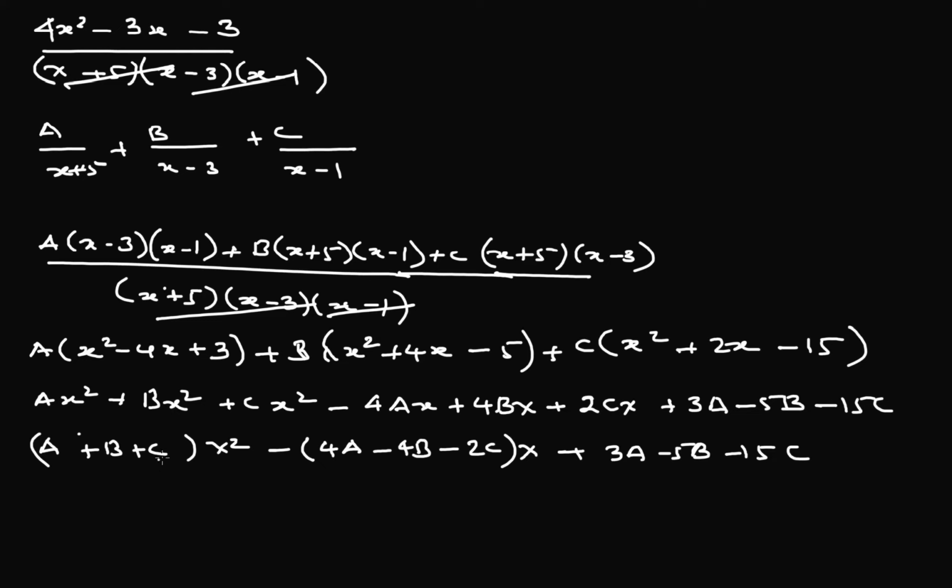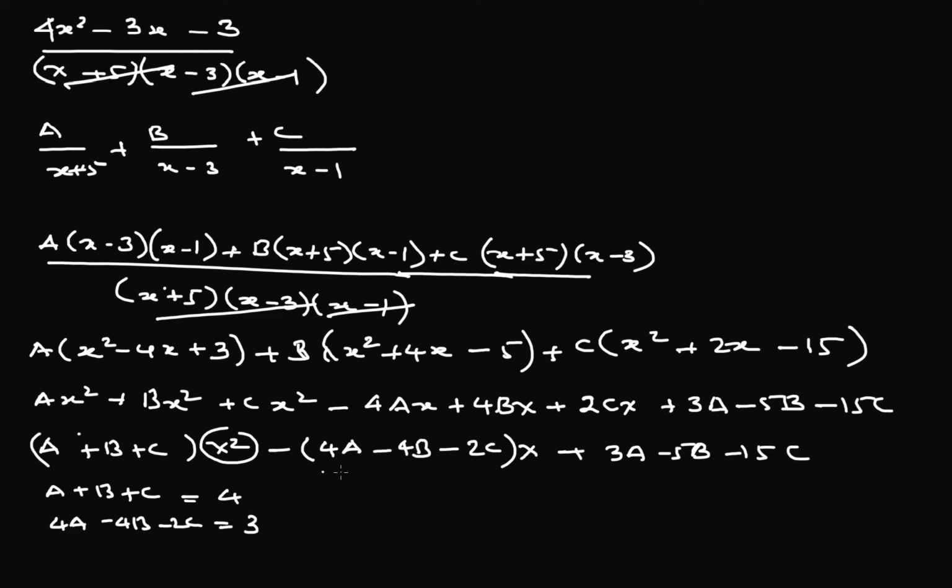Now notice this. This is the same as the first one. So we can say A plus B plus C equal to 4. That same constant, because this is irrelevant here. Because if I equate this term here with that term, the x squared is going to cancel out. So I go to the next term, 4A minus 4B, the next linear equation, minus 2C is equal to minus 3x here, and we had minus here, so this will be positive 3.